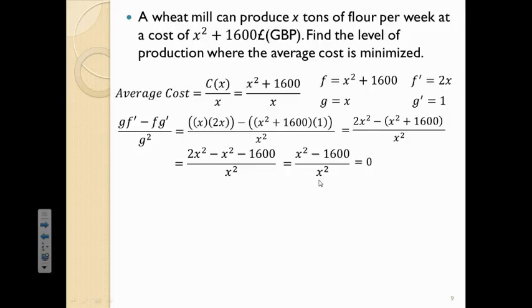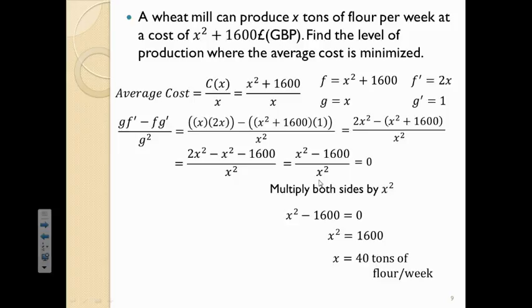Now this we set equal to 0 if we are minimizing and solve for x. We're going to multiply both sides by x squared, and we get x squared minus 1600 equals 0. Of course, we're going to move the 1600 over to the other side and take the square root to get 40.